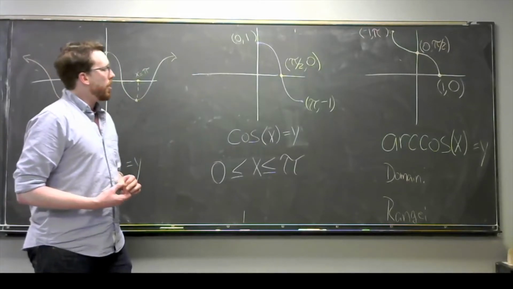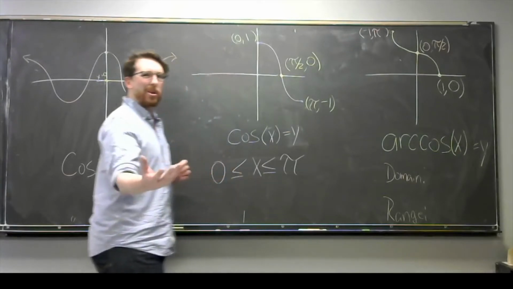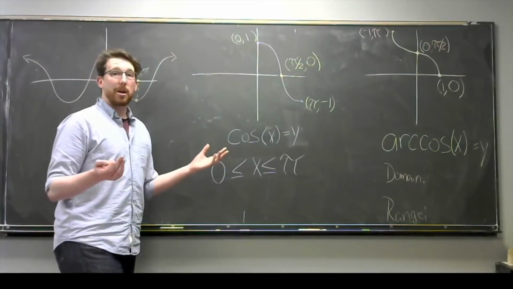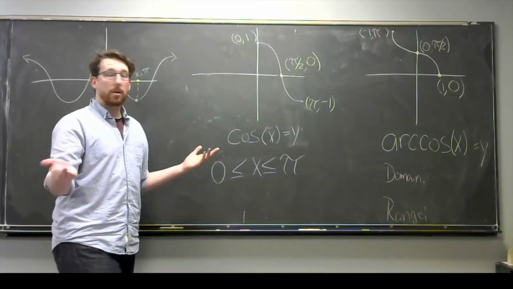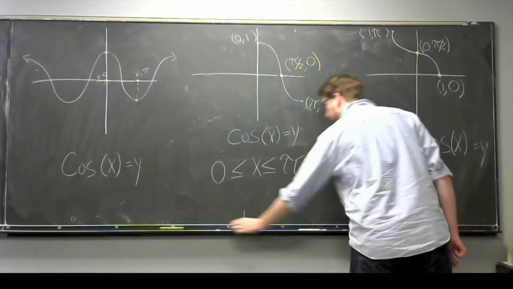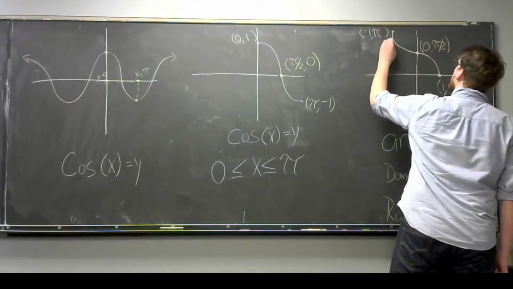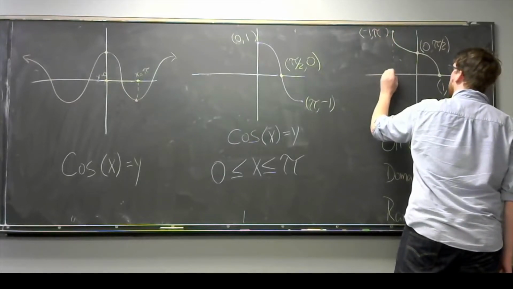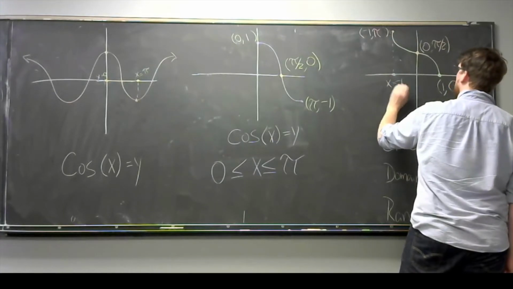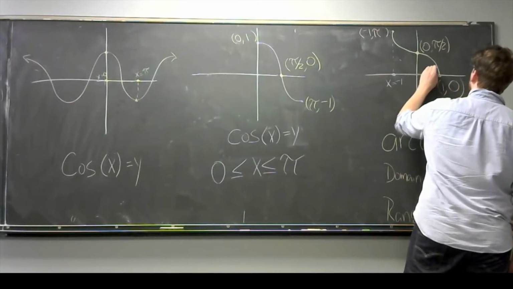All right, so we know what the graph looks like. What's the domain? Well, the domain's just going to be from -1 to 1, right? Because we're taking in, using a different color again, we're taking in every value from x equal to -1 up to x equal to 1.